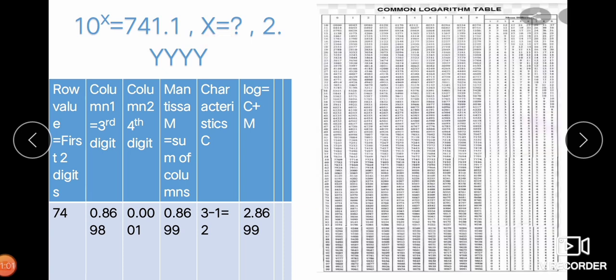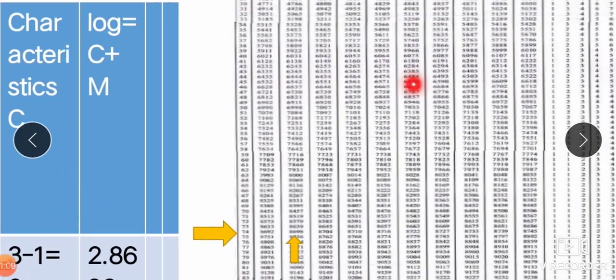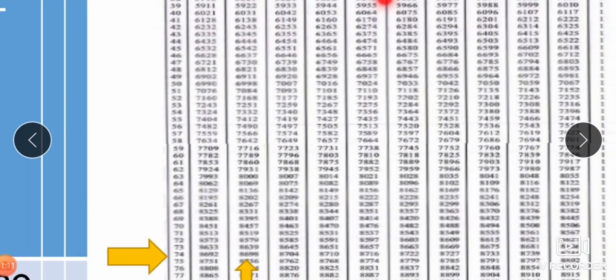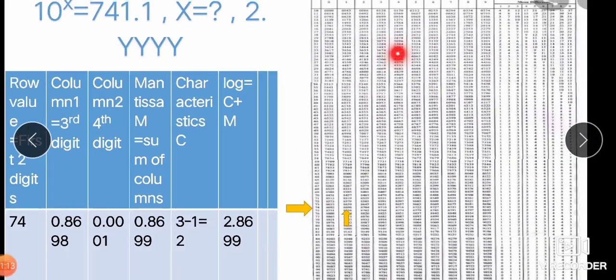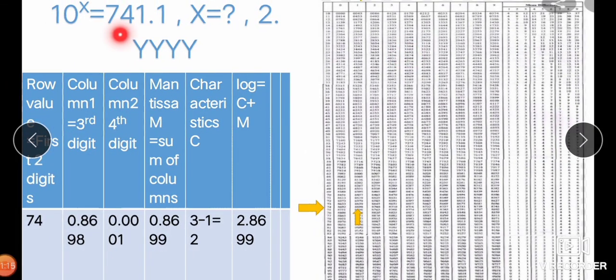see this value. This is a page of log table in which we can see the value. While looking up the log, we have to consider the first 2 digits. This row of 74 we have to search here on the logarithmic page.